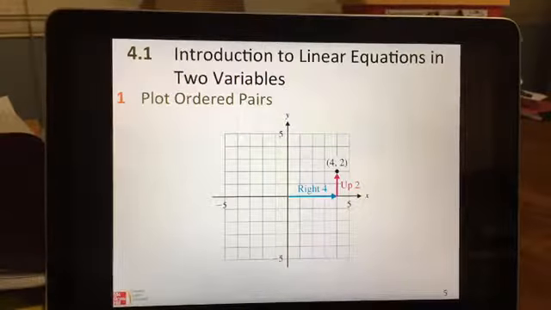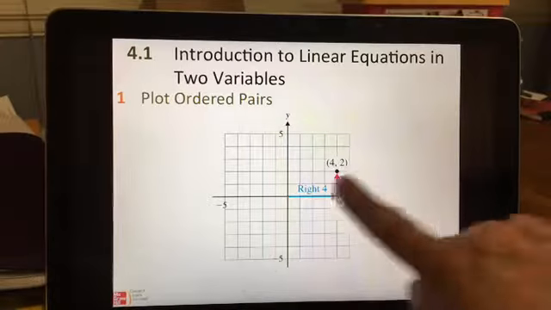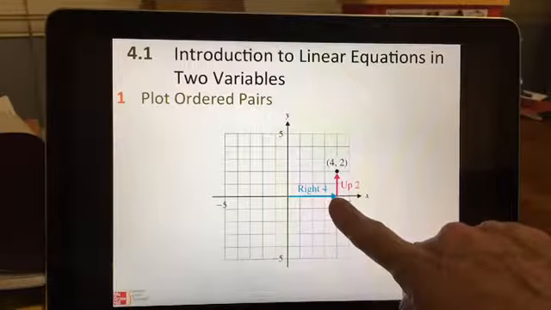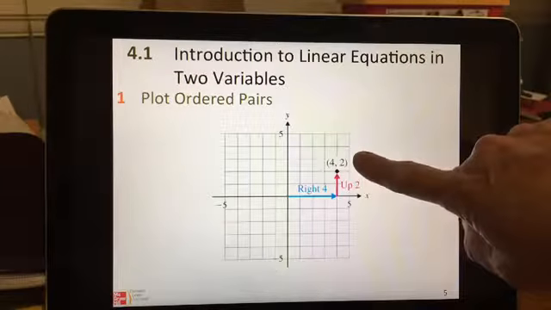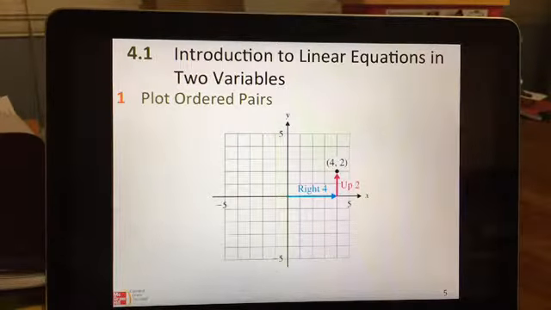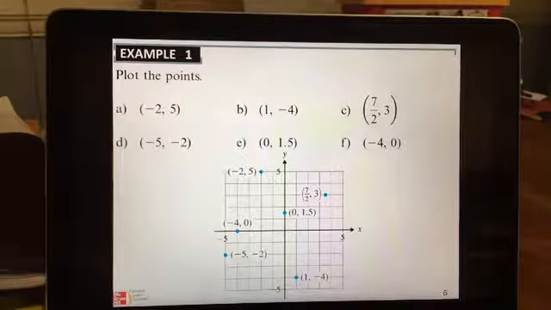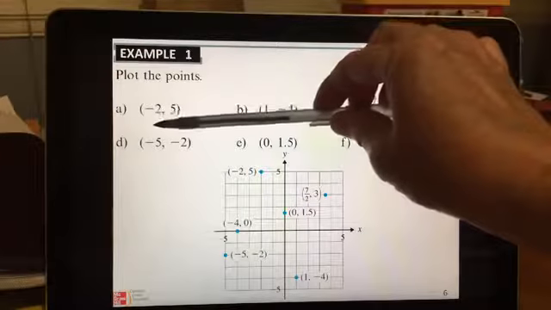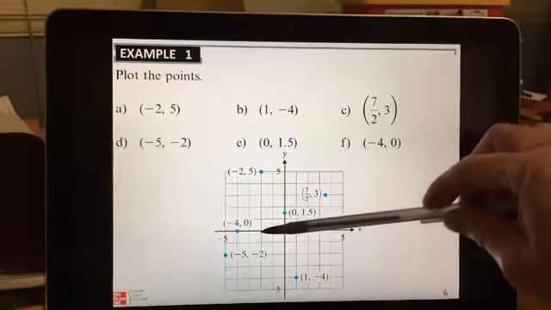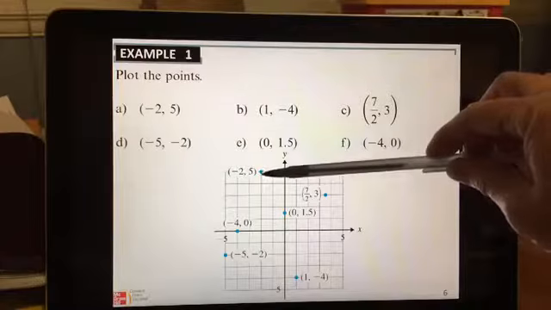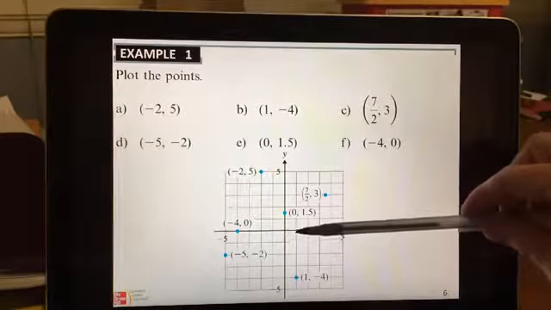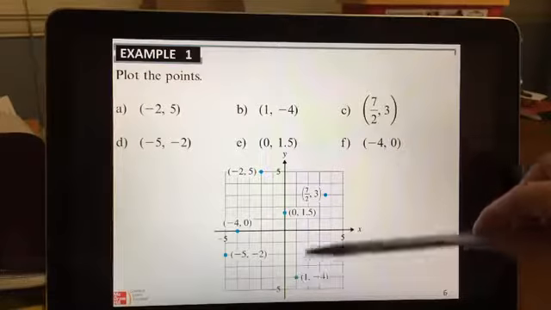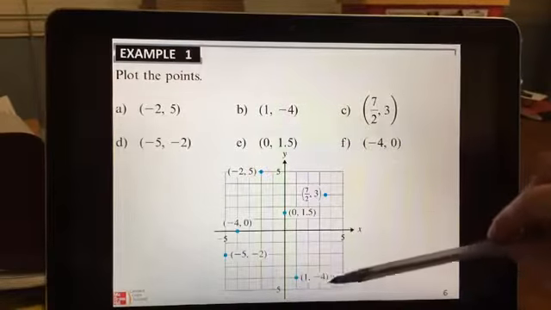Okay, so here when we're trying to plot points, we're going to go right 4, up 2 to plot the point for 2. All right, so let's look at each one of these points that they've given us on the PowerPoint. Negative 2, 5 is left 2, up 5. 1, negative 4 is right 1, down 4. It winds up in quadrant 4.